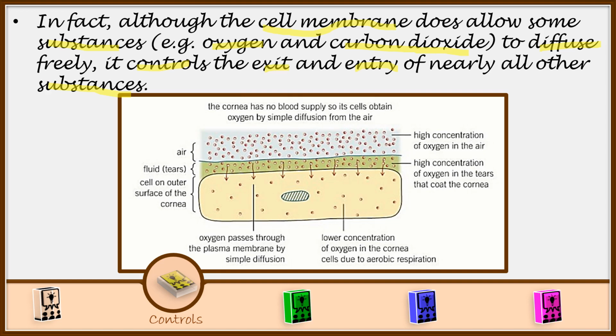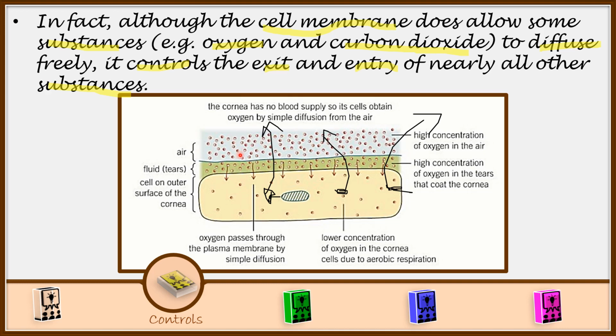So we can see that oxygen can easily enter into the cell, and carbon dioxide, which is produced inside the cell, can easily diffuse out of the cell. The cell membrane will allow carbon dioxide to easily diffuse out and oxygen to easily diffuse in. But it is going to control the exit of some substances.